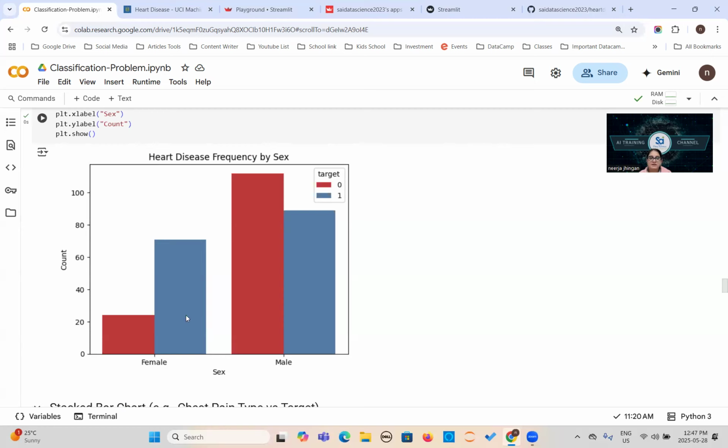So the female might have heart disease, but you can look at the male count. If you compare who has heart disease between male and female, the female has fewer chances than the male. So males have more heart disease problems because this count is higher than the female count. It is above 80.